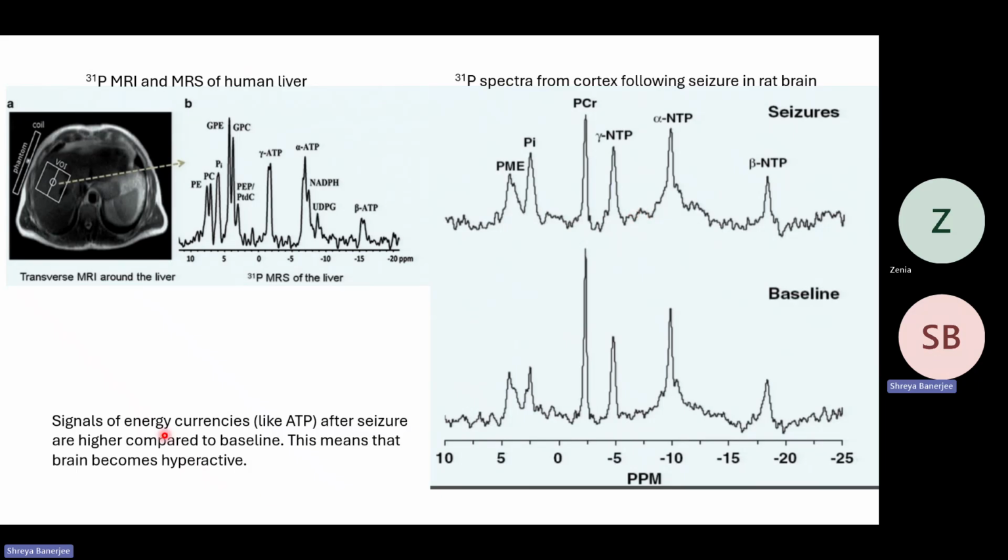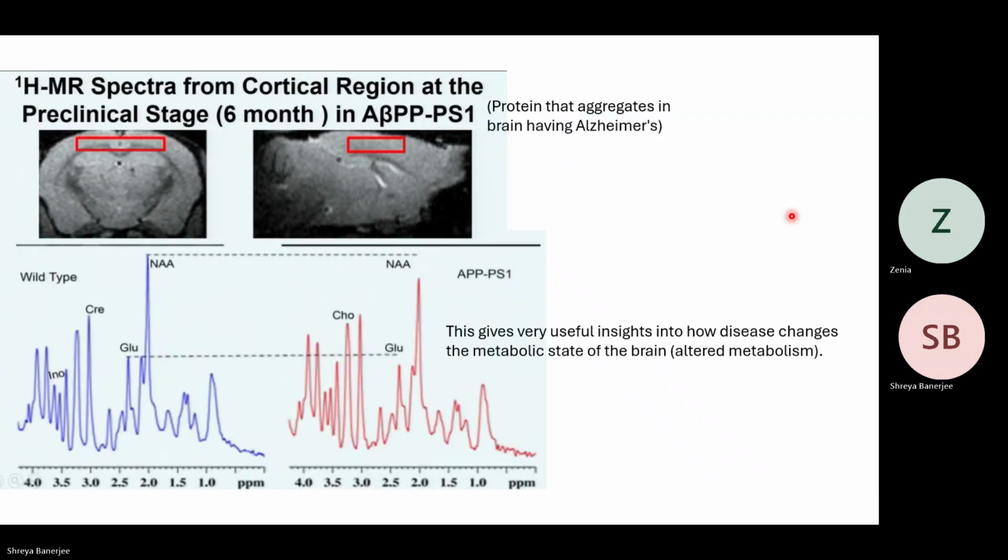So after a seizure, the energy currencies like ATP and NTP, they are higher compared to baseline. So this means that after a seizure, the brain is becoming hyperactive. So MRS is giving an idea of the metabolites in a normal case, that is the baseline, and after a seizure has taken place, and the difference in intensities of certain signals will tell us that indeed a seizure has taken place.